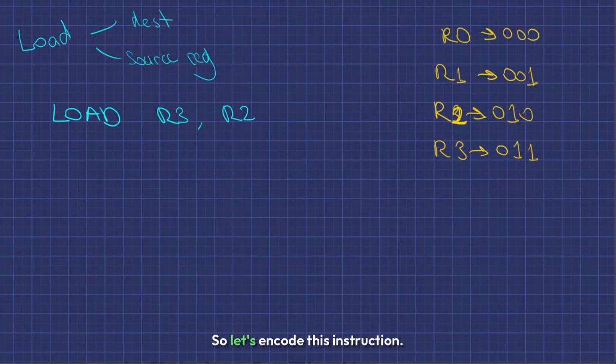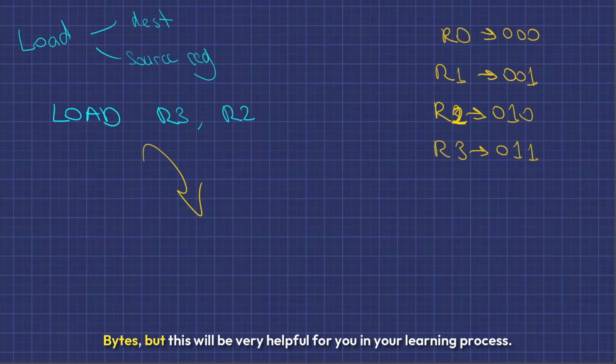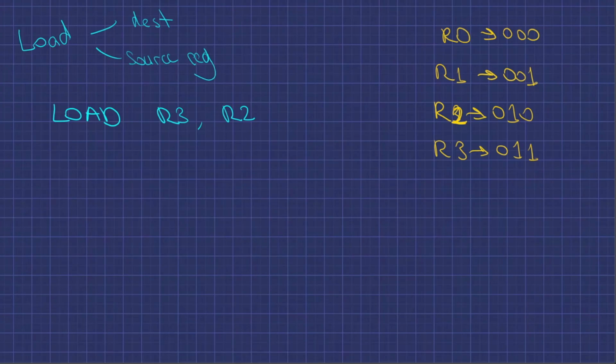So let's encode this instruction. You won't need this in real life to turn this instruction into machine bits and bytes, but this will be very helpful for you in your learning process.